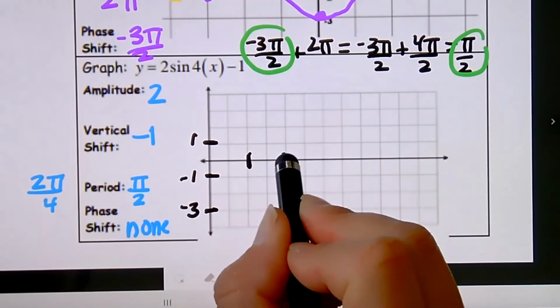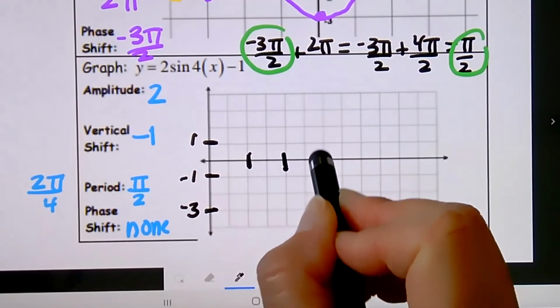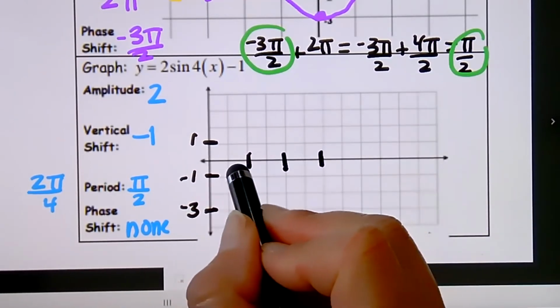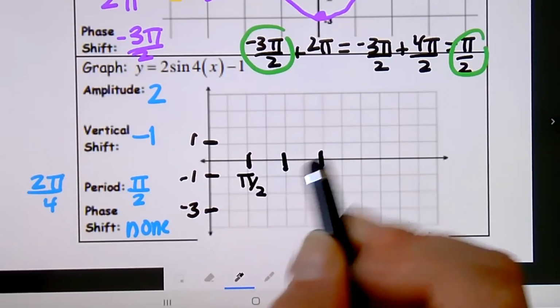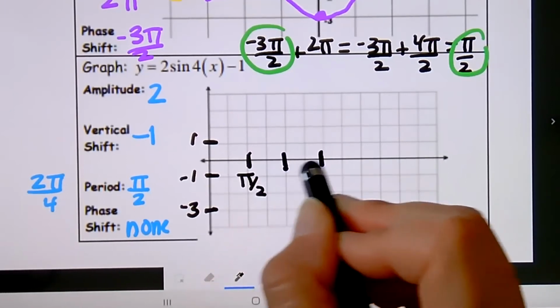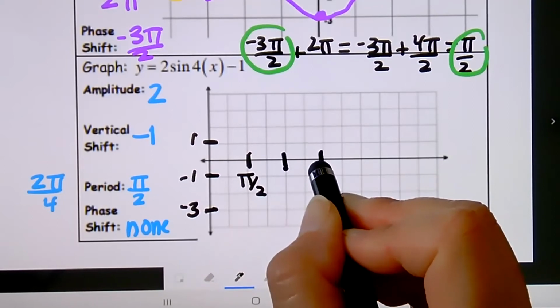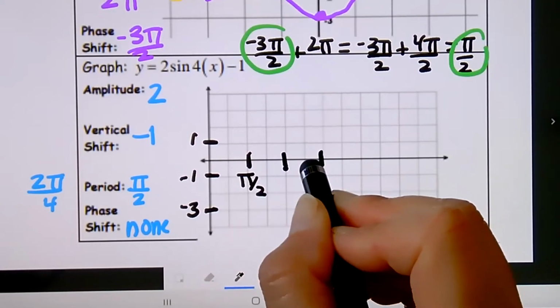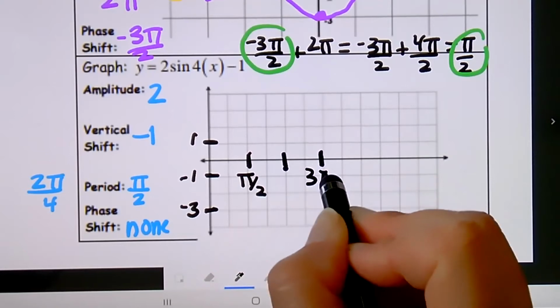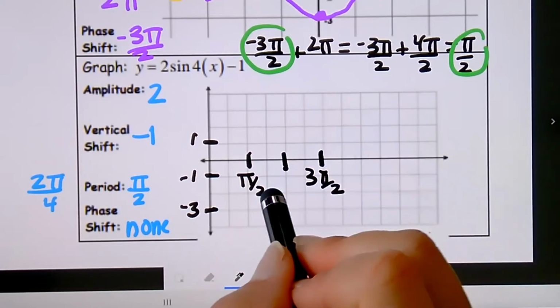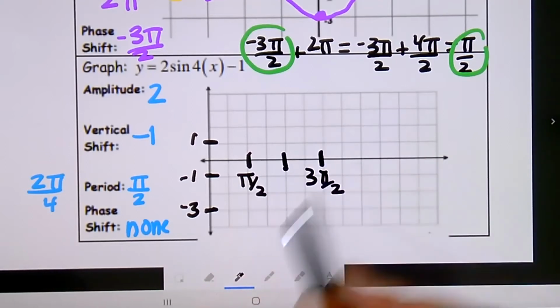So pi halves, pi. Again, this is pi halves, this would be pi, this would be 3 pi halves. But again, I would mark my start and my stop.